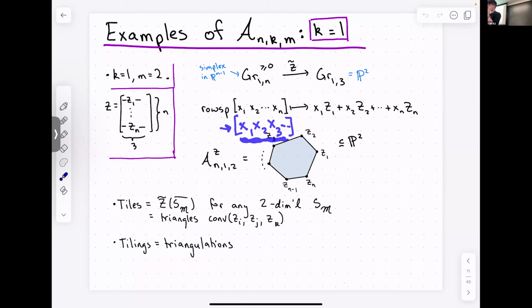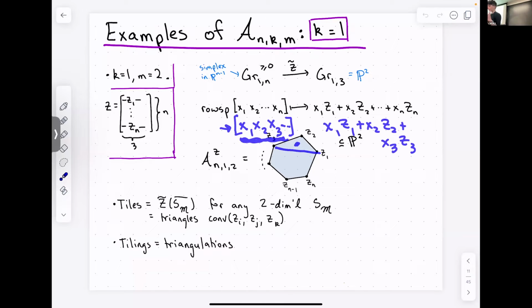If I take the Z tilde image of this point in Gr(1,n), what I get is x1 z1 plus x2 z2 plus x3 z3. So in this polygon, where this point lands is somewhere in the triangle whose vertices are Z1, Z2, and Z3.